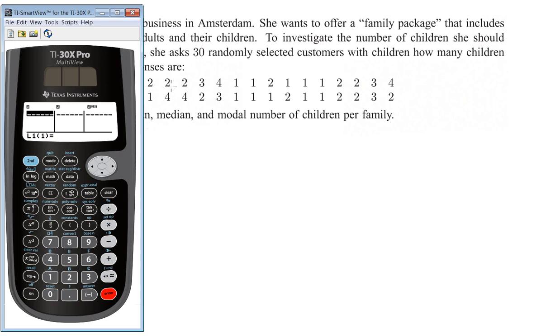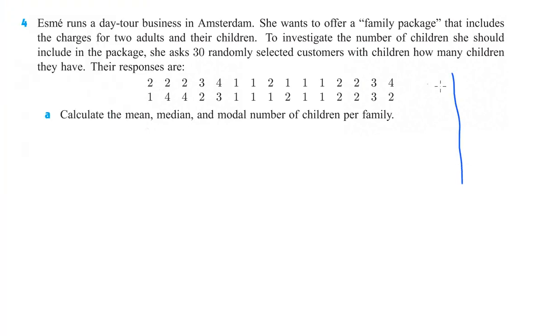So let's do this. You know what, let's make our table first. That'd be a little smarter. So the values, and then the frequency, right? We don't have any zeros, but we do have 1s, 2s, 3s, and 4s. So there's 1, 2, 3, 4, 5, 6, 7, 8, 9, 10, 11 ones.